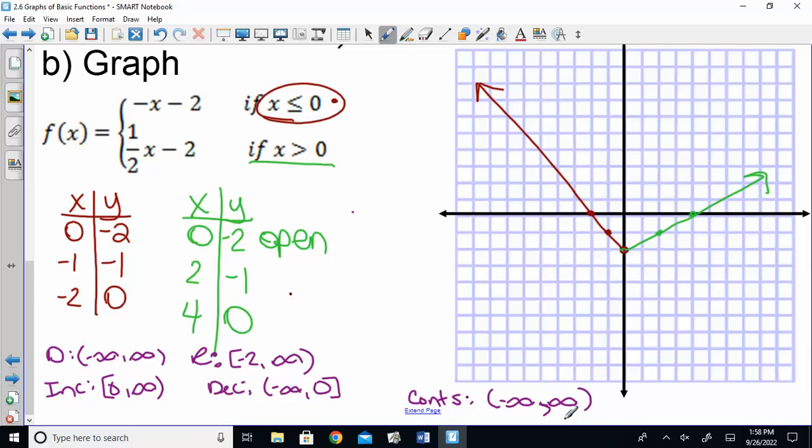Okay, questions at all? So, we aren't done with this section. We have gotten through a lot. We still need to practice some more with the piecewise, and then I want to look at the greatest integer function tomorrow. So I have a handout. This will be due on Wednesday.